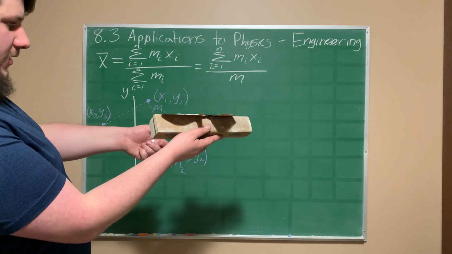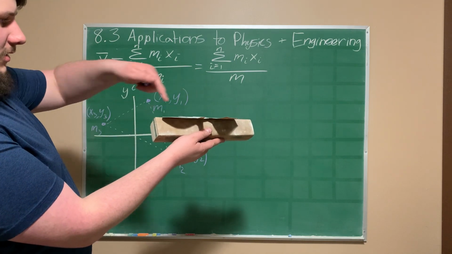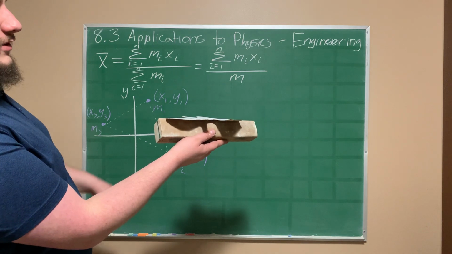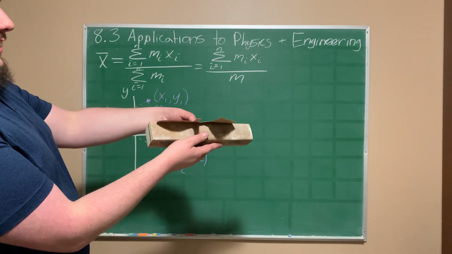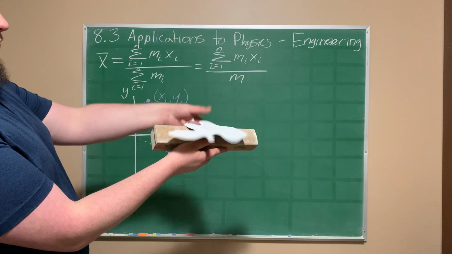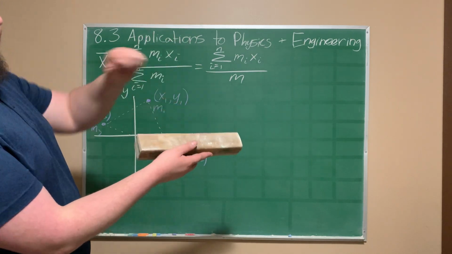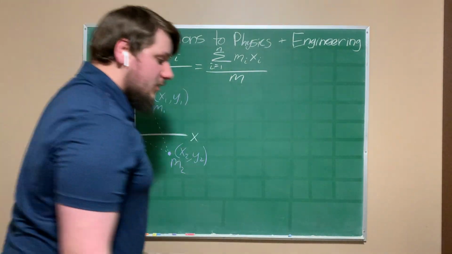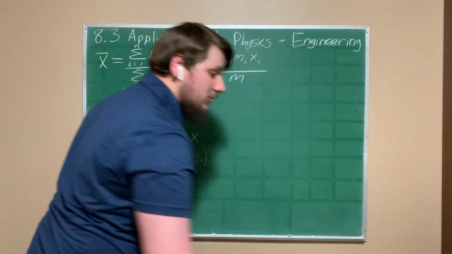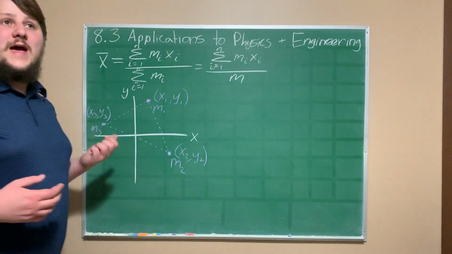There we go, where it will balance all along that. In this case, there's an equal amount of moment on each side of this line. But if I were to scoot this over to one side, you can see that it immediately topples that direction if I were to unbalance it. So the moment tells me how likely it is that that's going to happen.